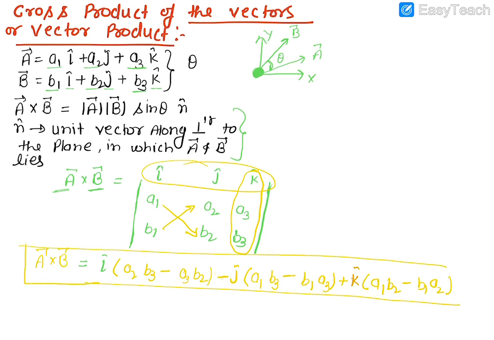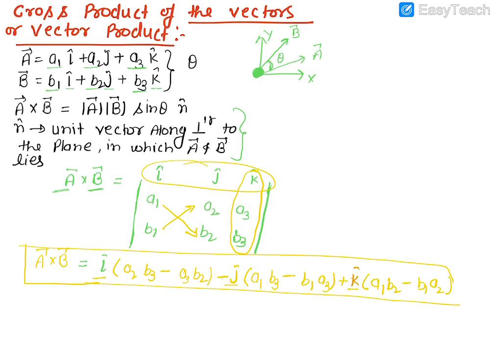Simply here you can see all the i, j and k terms are present, so we can say these are basically the vector quantity we are getting.